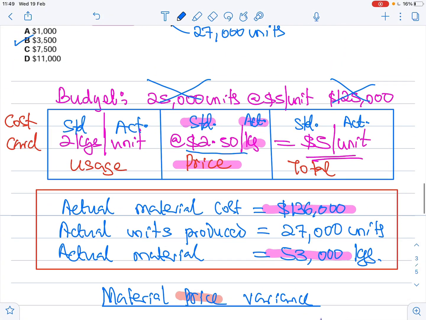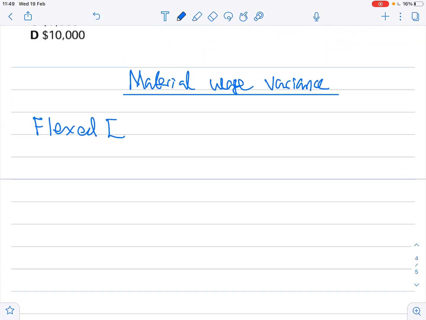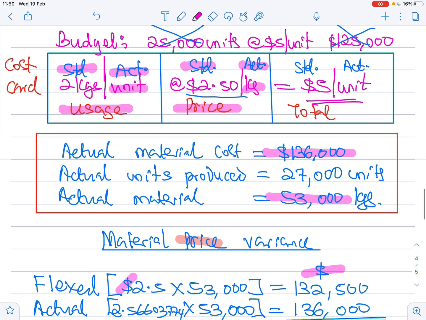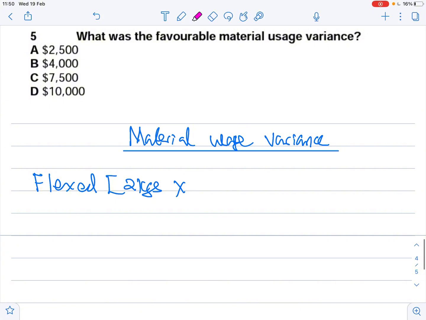For usage, we need to pick the standard, which is 2 kgs. So let's drop that, 2 kgs. Then you multiply by the actual units. What's the actual unit in this question? Actual unit produced, we have this to be 27,000. So let's drop that 27,000.